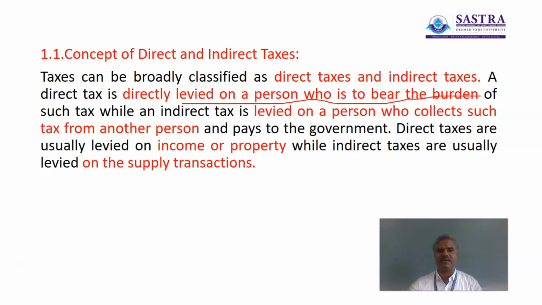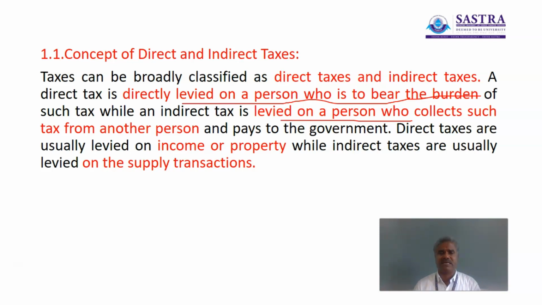That's why direct tax is directly levied on a person who is to bear the burden of such tax, while indirect tax is levied on a person who collects such tax from another person. In indirect tax, we collect tax from the customers, then we pay it to the government. Here, the burden is not ours; we are the mediator. We have to collect because we are doing business.